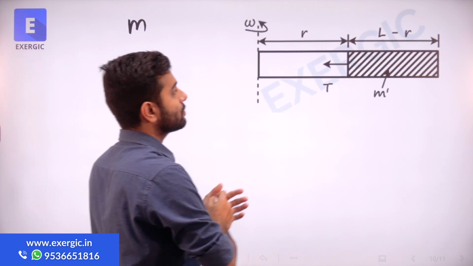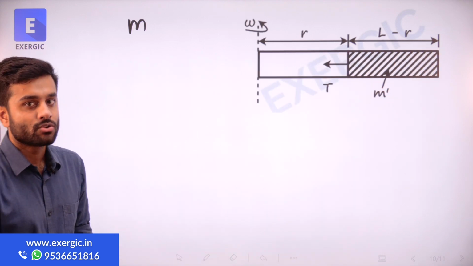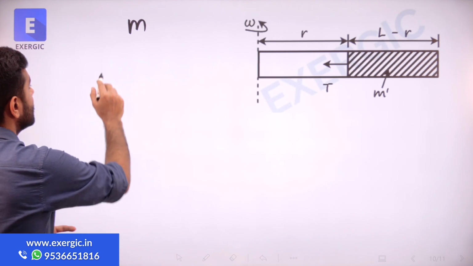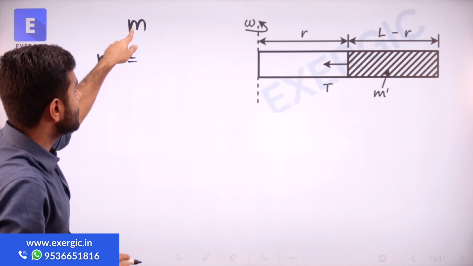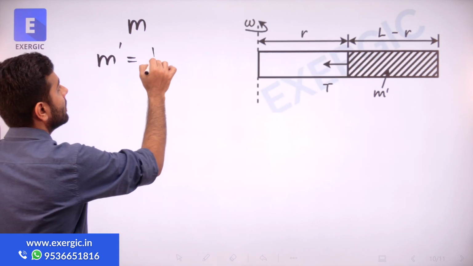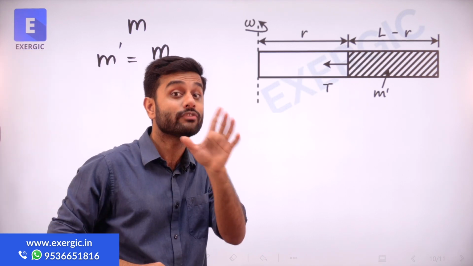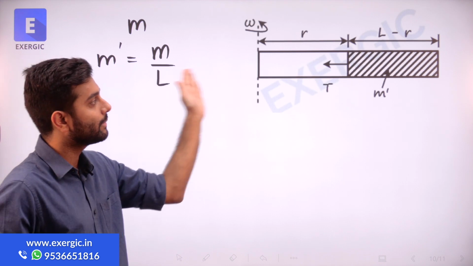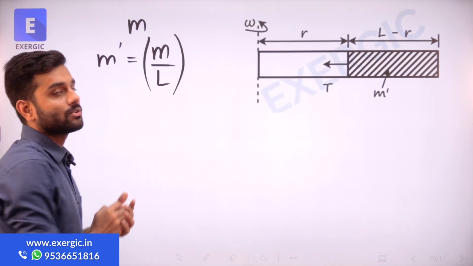And M dash is only this much mass. Got it? So if we want to write M dash in terms of M, what can we do? M is the entire mass distributed over a length L. So the mass density is M by L. Linear density of mass is M by L, mass divided by entire length, right? So this is the mass of unit length.